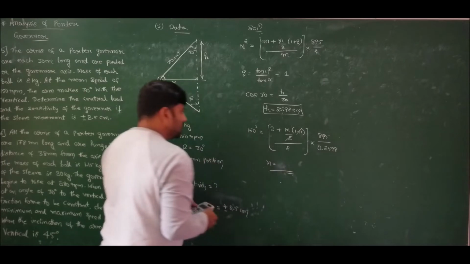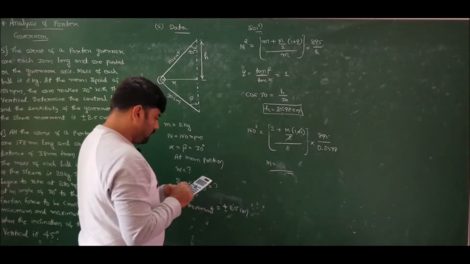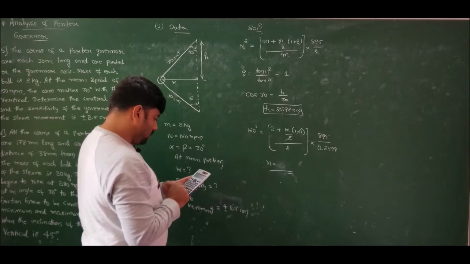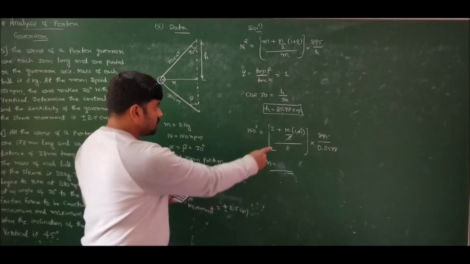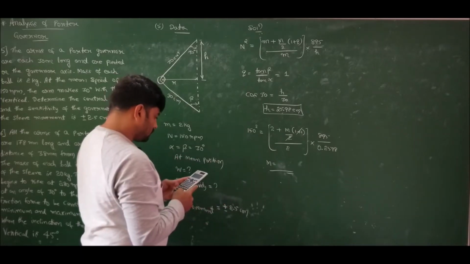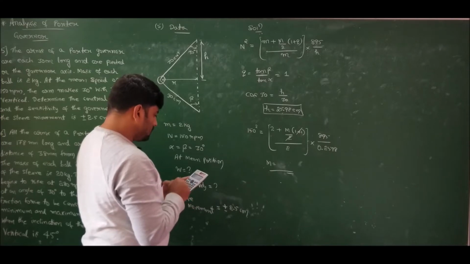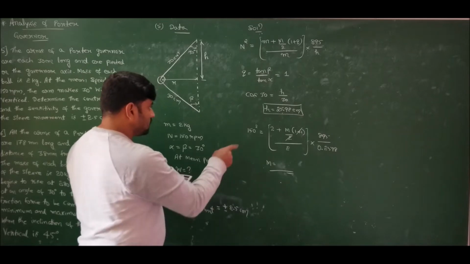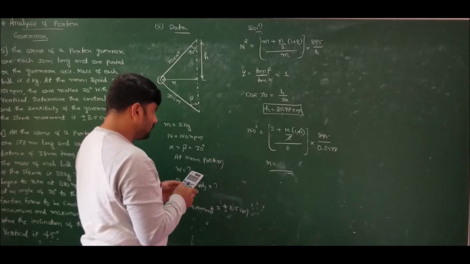So therefore mass of center load is equal to 150 squared into 2 into 0.2598. This must be equal to 2 plus M by 2 into 895.